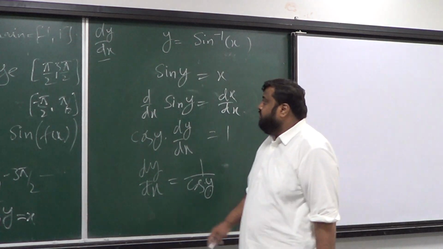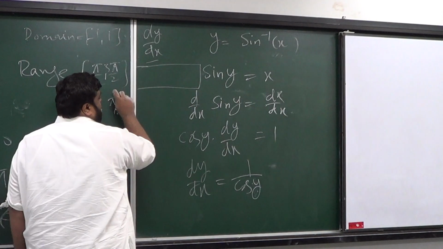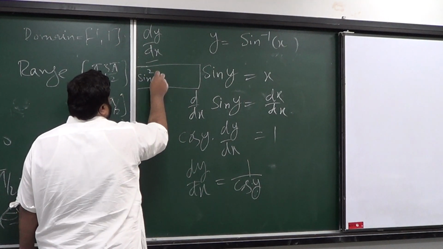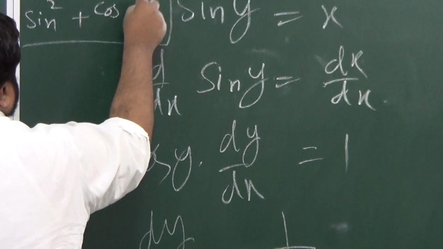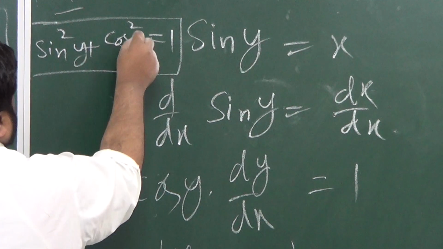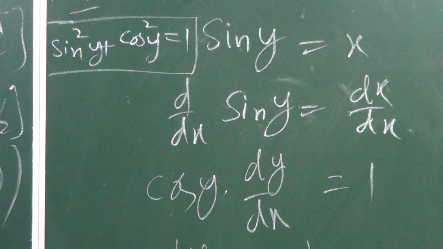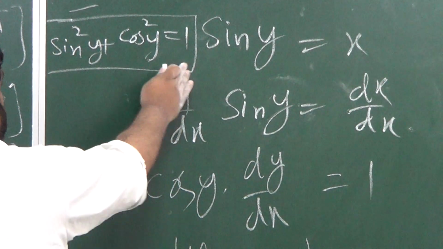We all know the elementary identity. If I have sine square of something plus cosine square of something, that is always going to be 1. So sine square y plus cos square y is 1.